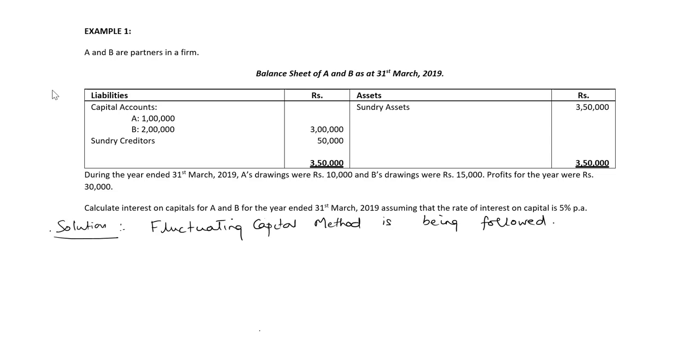To calculate the interest on capital, we'll have to apply the rate of 5% on the opening capital. So we need to find out the opening capital. So to find out the opening capital, calculation of opening capital.